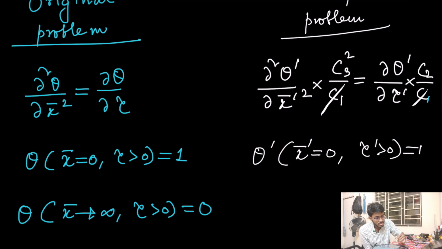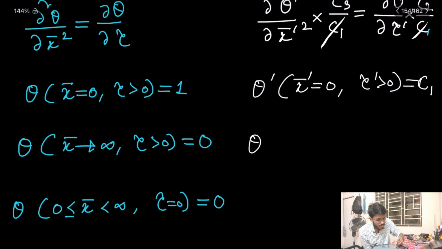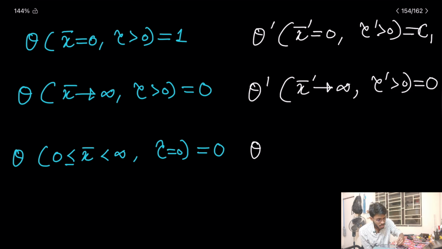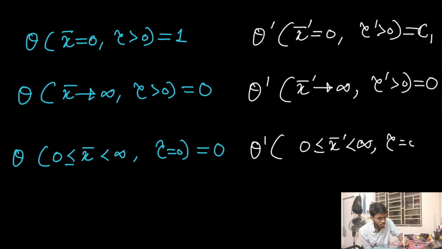So I will take this C1 here. Similarly theta dash, x bar dash tending to infinity, tau dash greater than 0, is equal to 0 because C1 into 0 is equal to 0.